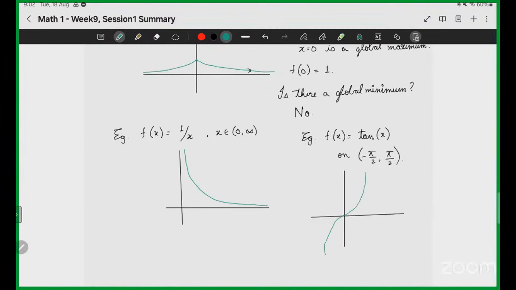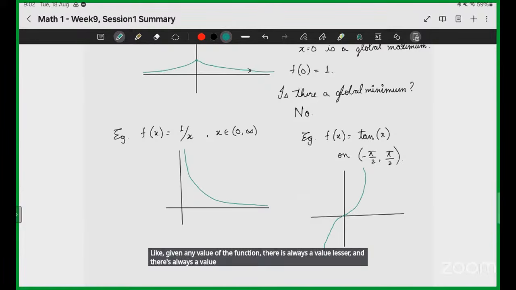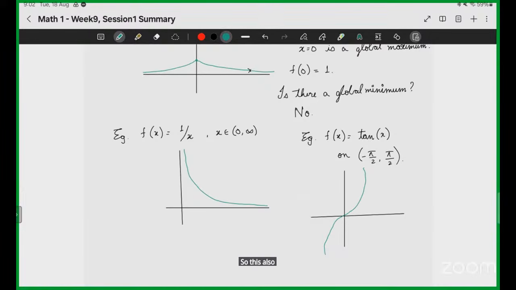It goes like this, right? Once again it's asymptotic to the vertical at pi by 2 and minus pi by 2, meaning given any value of the function, there is always a value lesser and there's always a value higher.